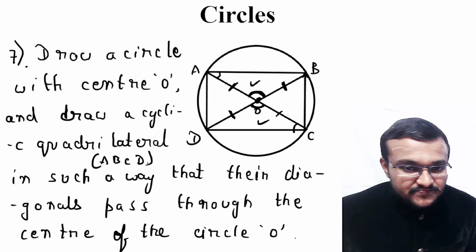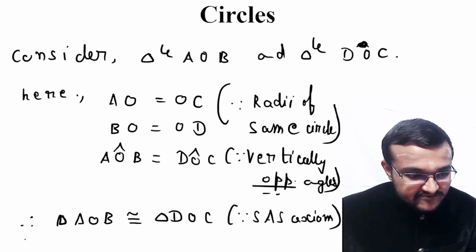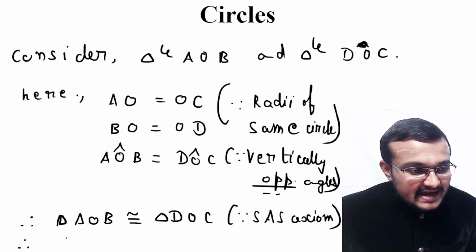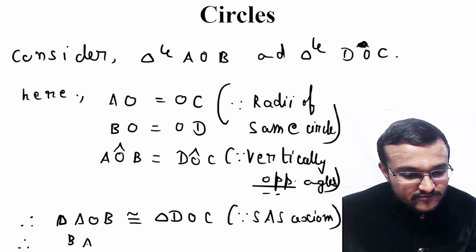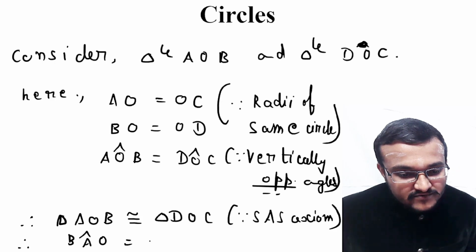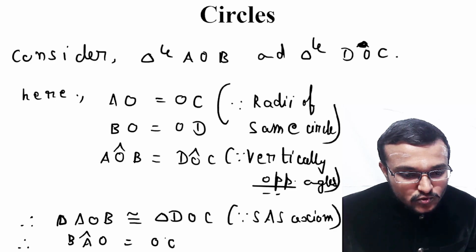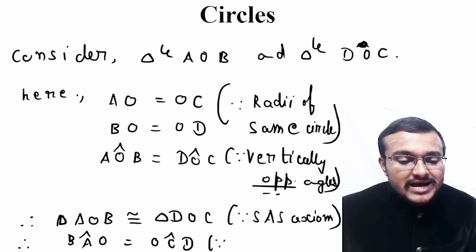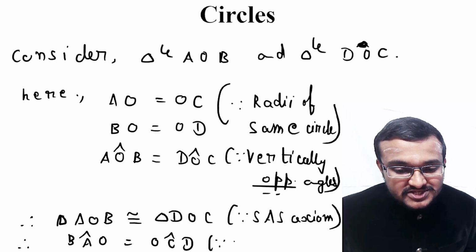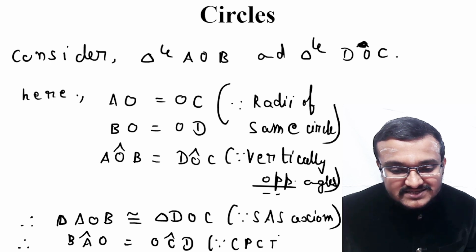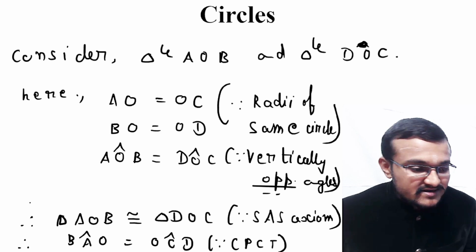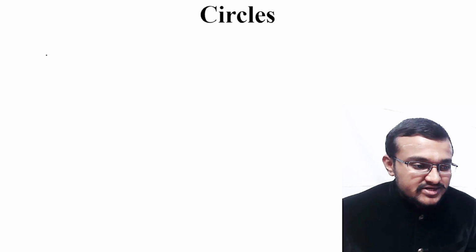Therefore angle BAO is equal to angle OCD. This is according to CPCT, corresponding parts of congruent triangles.